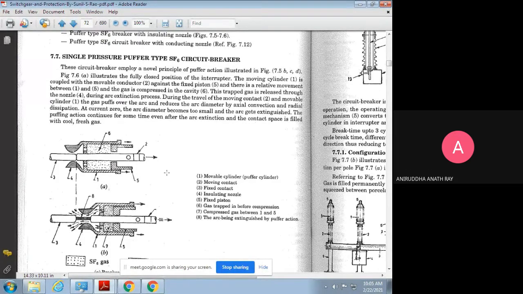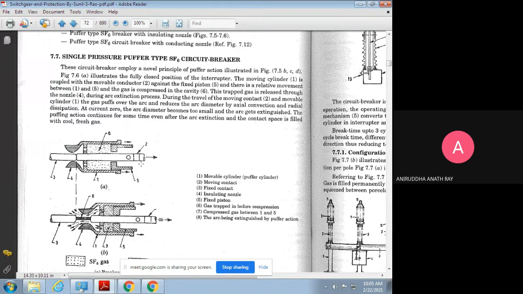Component number 1 is the movable cylinder, and 5 is the fixed piston. There is an arrow mark, which means this cylinder can move in this direction, and this is a fixed piston.